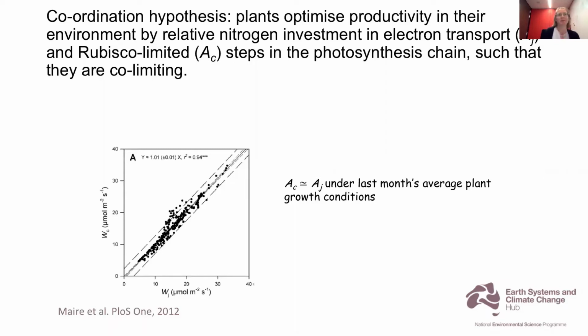That might seem completely irrelevant, but it turns out to be important because these two potentially rate-limiting steps have very different sensitivities to the concentration of carbon dioxide in the atmosphere. So the simulated CO2 fertilisation effect in our models will depend very much on the relative contributions of those two rates to total photosynthesis.